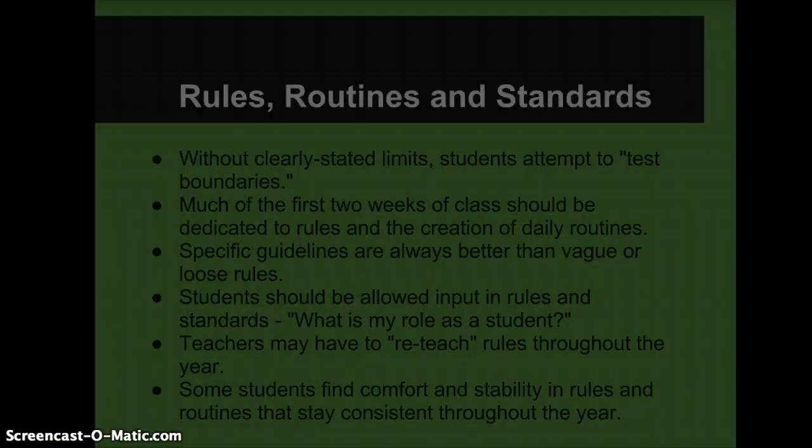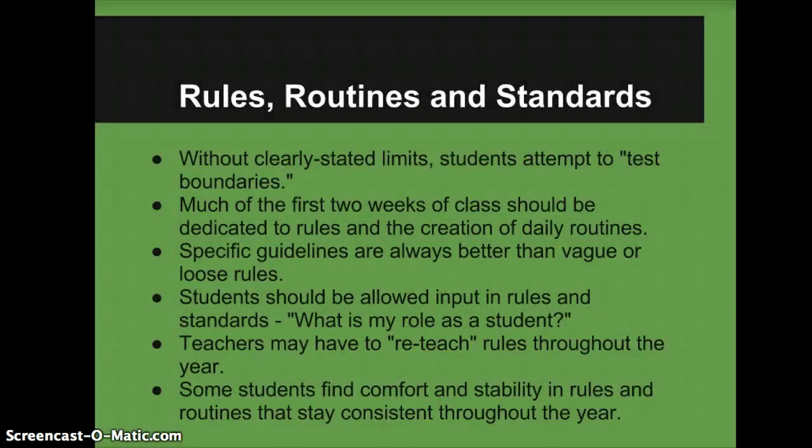Moving along, we're going into distinct aspects of the Jones model. Without clearly stated limits, students attempt to test boundaries, and that is basically the whole format of the Jones method. We need to have these standards, these routines, these guidelines down so that students know, especially at a young age, how far they can go, what kind of behavior is appropriate, and what we can do within our classroom to be a positive learner and a member of the classroom with our classmates.